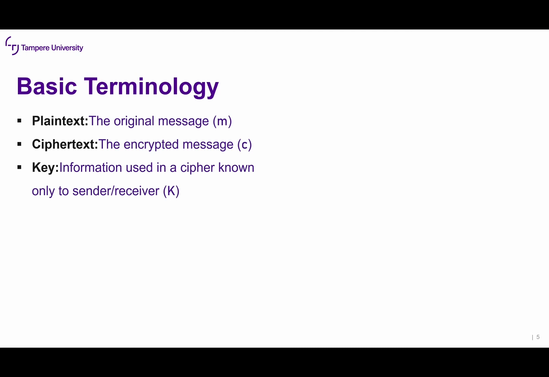So Alice wishes to send a message to Bob, but in a secure way, and to do so, she will have to encrypt the message M, and by encrypting M, this will result in an encrypted message, which we call the ciphertext. Now, in order to encrypt the message, Alice needs to use a key, some information that is used in a cipher, and is known only to Alice and Bob, to the sender and the receiver.